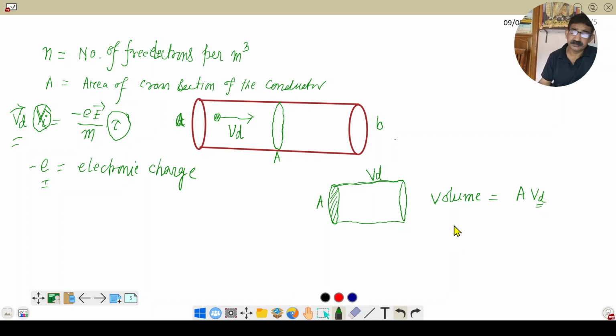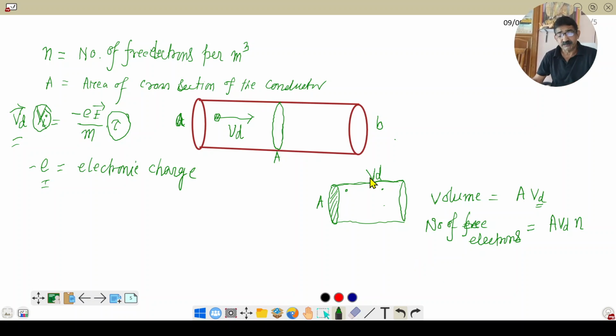If the number density of free electrons is equal to n, then the number of free electrons inside this volume is equal to A Vd into n. This is the number of free electrons inside this particular volume.